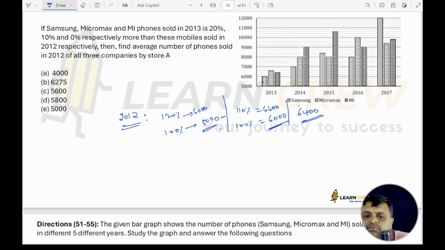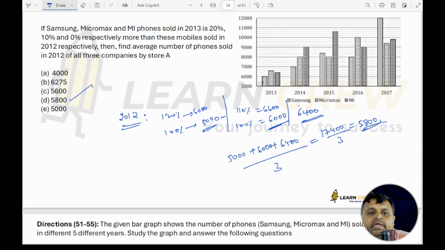So 6,400, 6,000 and 5,000. So 5,000, 6,000 and 6,400 divided by 3. 17,400 divided by 3, how much is it? 5,800.